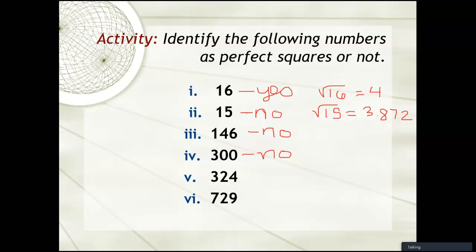Irrational numbers are not perfect squares. So the square root of 324 is 18. So is 324 a perfect square? Yes.